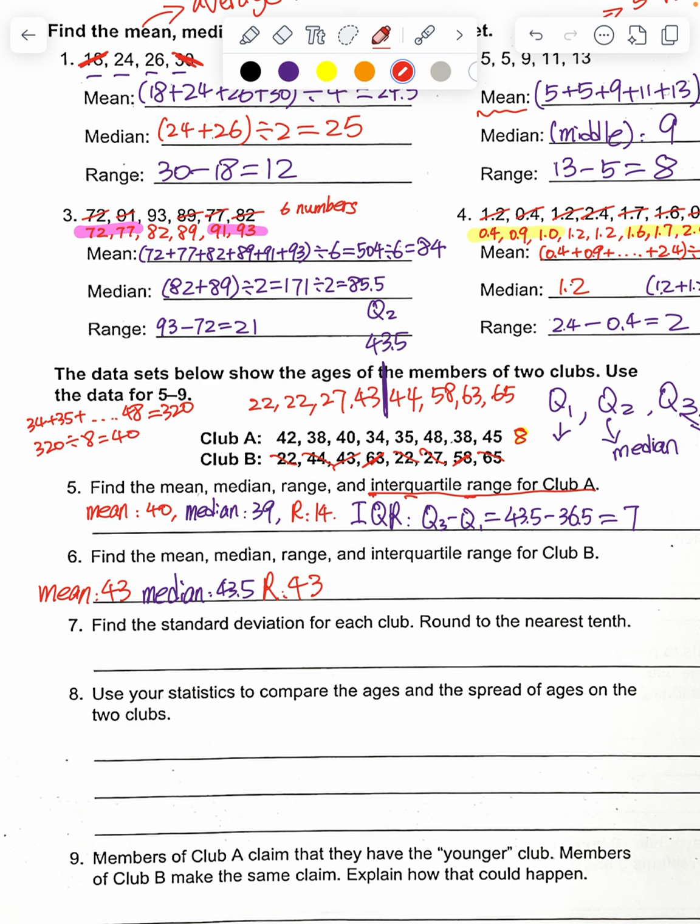Okay, interquartile range, that means IQR. I need to find Q3 subtract Q1. Let's find Q1 first this time. I'm going to find the lower part, because the median separates the data into two parts. The smaller number part we call the lower part. The bigger number part we call the upper part.